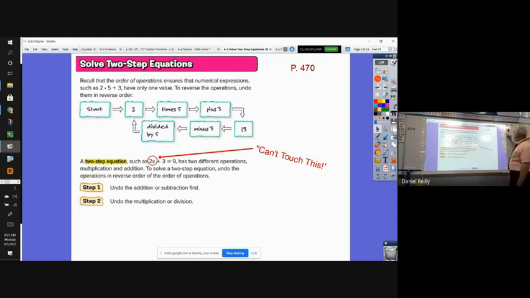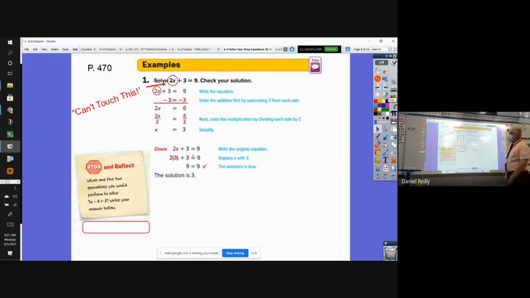To undo plus 3, I subtract 3 from both sides, just like we did yesterday in the one-step equation. I show it on both sides. A good trick here is to draw a straight line right underneath the equal sign in your equation. Anything you do on one side, you do on the other side.